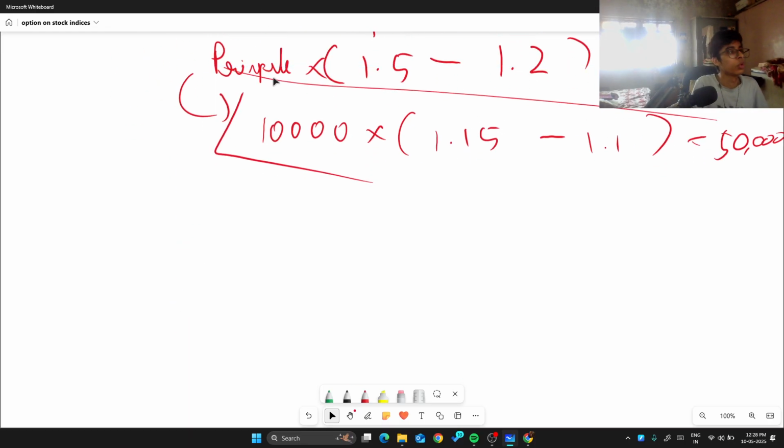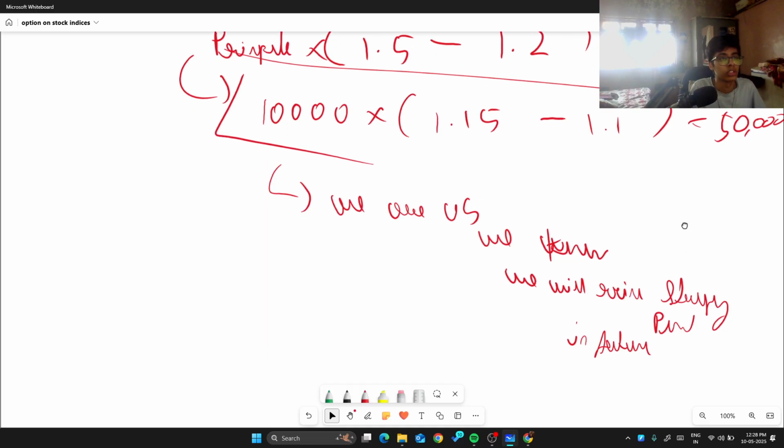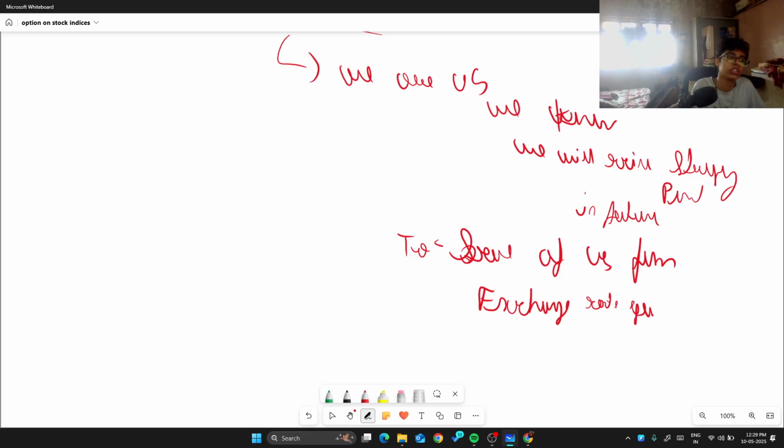So the basic example we looked at in our chapter number 2 was, if we are in the US and we know we will receive some sterling pounds in future, to secure ourselves from the exchange rate going down, we would buy a put option, right?